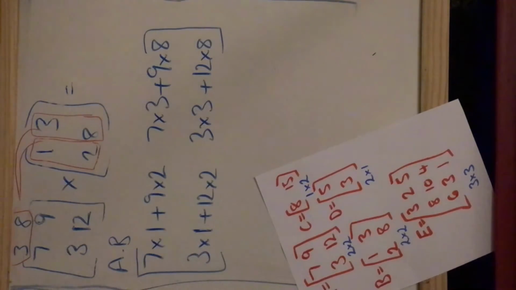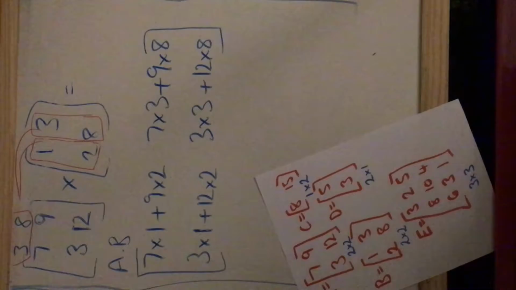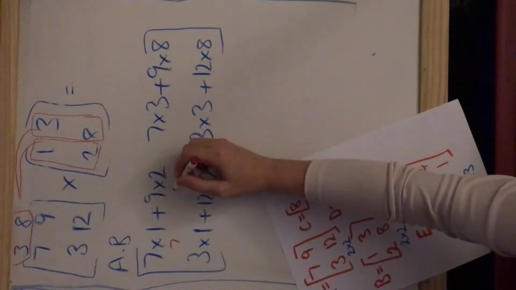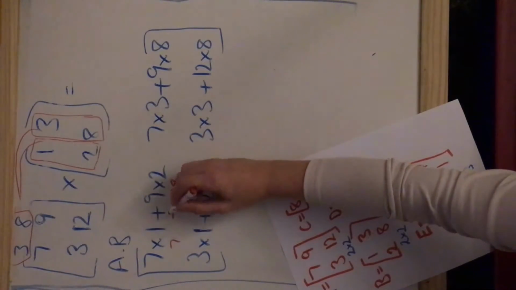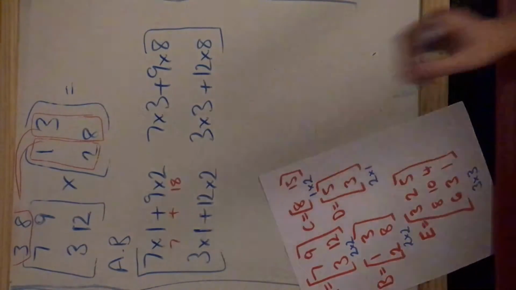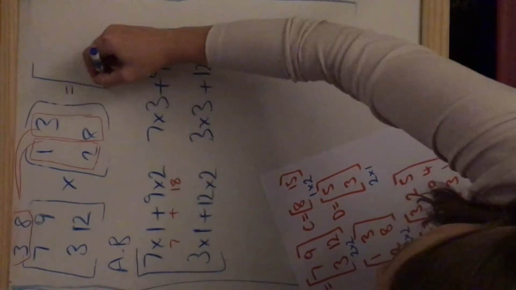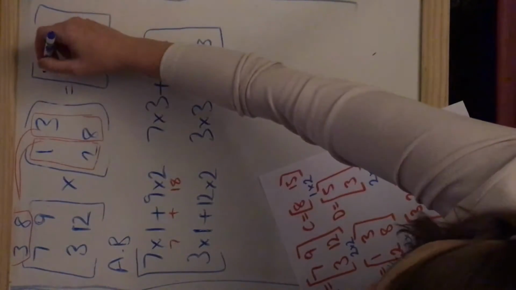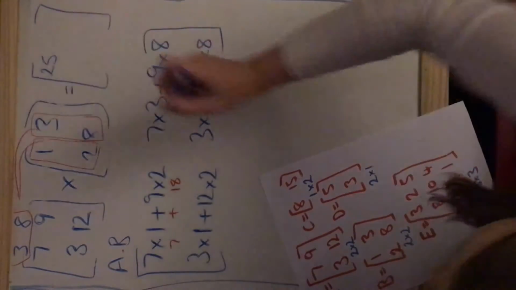So then all we have to do is figure out the answer from each. So we would do that by doing our 7 multiplied by the 1 gives us 7, 9 multiplied by 2 gives us 18, and then we just add those together to give us our answer. So our first number here, 7 plus 18 would give us 25.